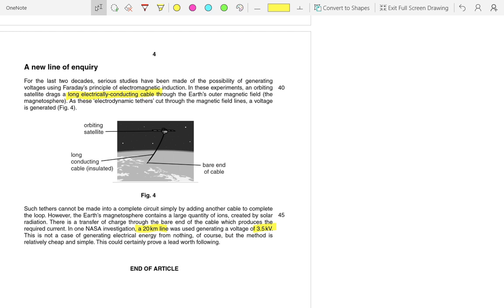It could also have questions about efficiency, so how much it's losing as it's travelling up the 20 kilometres to the top, because wires lose electricity over time. So if it tells you something about efficiency, then you can use that to compare the powers as well. So there's lots of questions that they can ask you about it. Things to do with ions and stuff in this section.